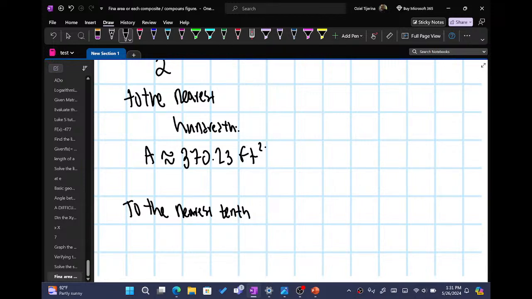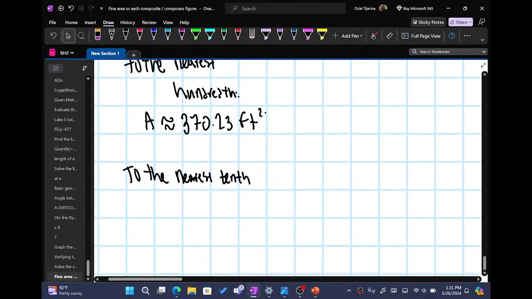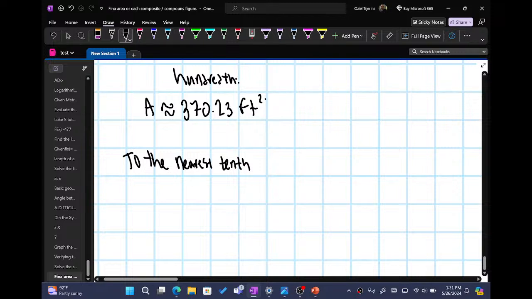And then to the nearest tenth, I don't know if it said to round to the nearest hundredth or the nearest tenth. I don't think it said anything. Oh, round your answer to 1 decimal place. Okay, I see. So you want to do it to the nearest tenth.